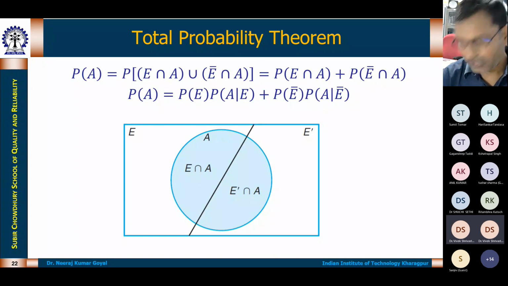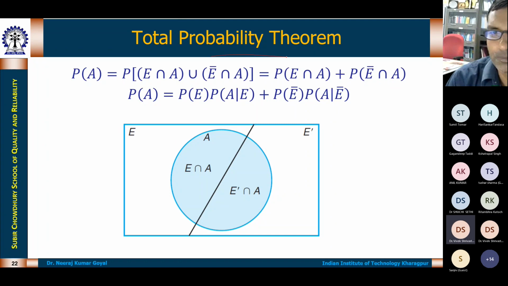This is the last slide, then we'll take a break. We have the total probability theorem. It says that, let us say I want to know the probability of A, where A is, let us say, taking an umbrella, right?